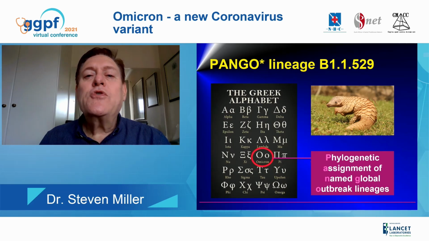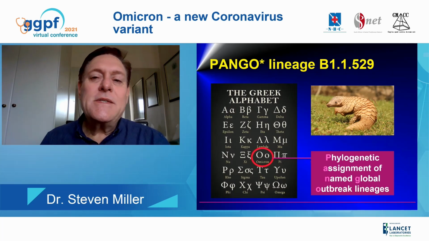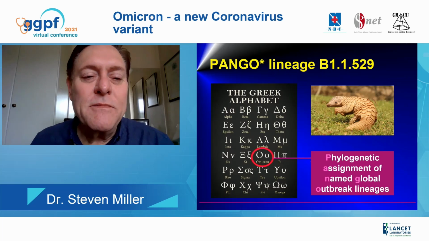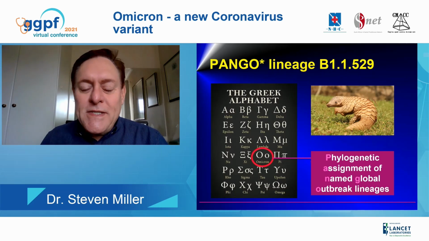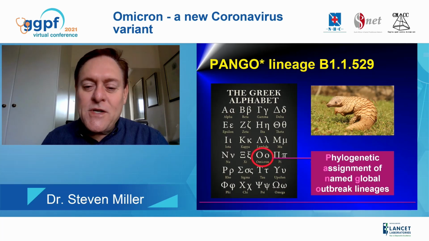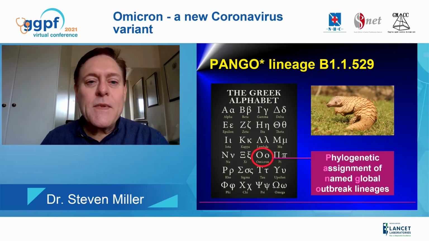You will also hear it referred to as the B.1.1.529 variant. That's another classification system called the Pango system, but we tend not to use that because it's complicated and it doesn't mean much to people outside of a laboratory.